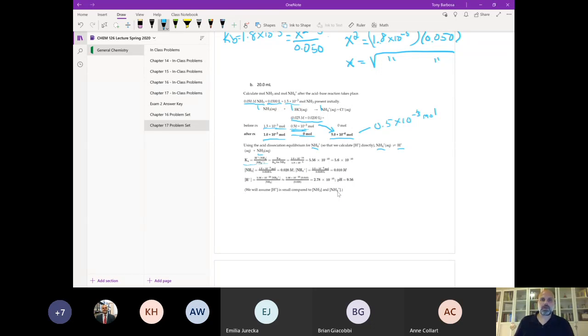So the first thing you need to do is stoichiometry, and then we're going to go back and actually calculate proton concentrations after the fact, if that makes any sense.